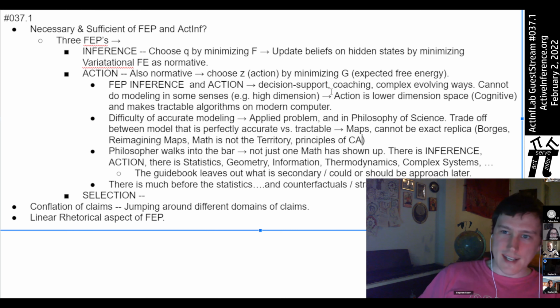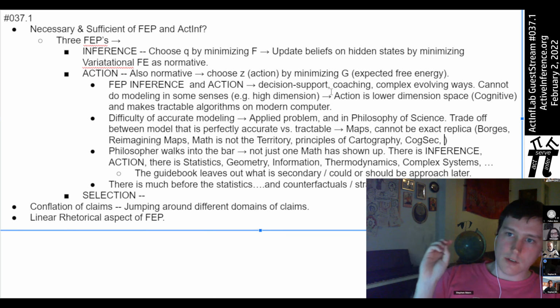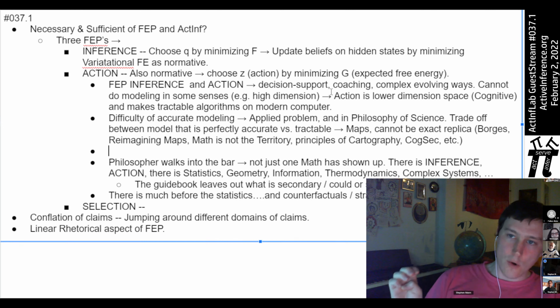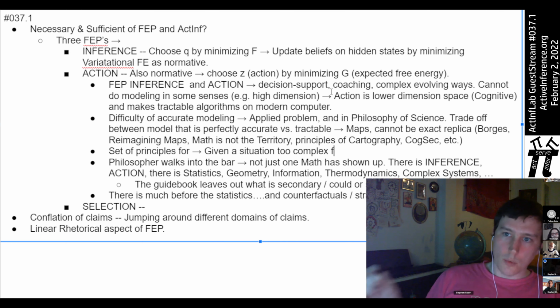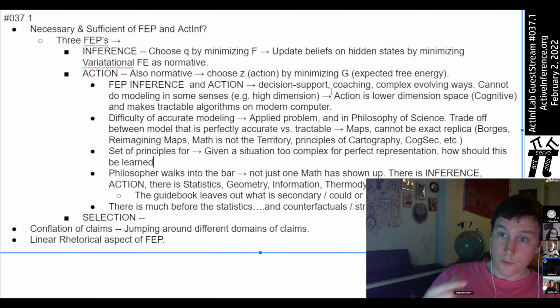What we don't really have in a very general sense across all of science is a set of principles for how, given a specific situation that is too complex to produce a perfect representation of, what ought you leave out and what ought you keep in, and how should you transform that space into a representation of that space in order to produce a representation that is a useful approximation of it.